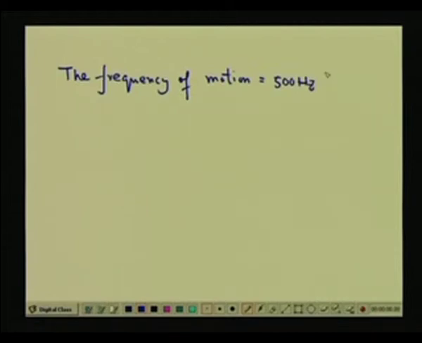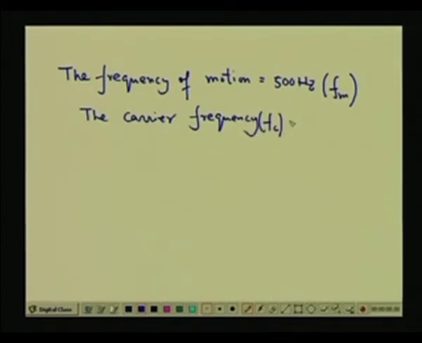Now, the frequency of the motion Fm is 500 Hertz, and the carrier frequency Fc is 5000 Hertz.